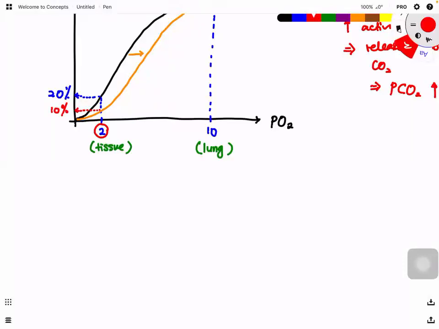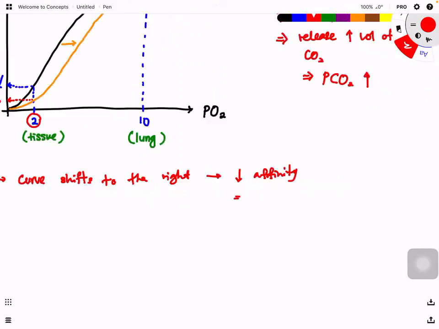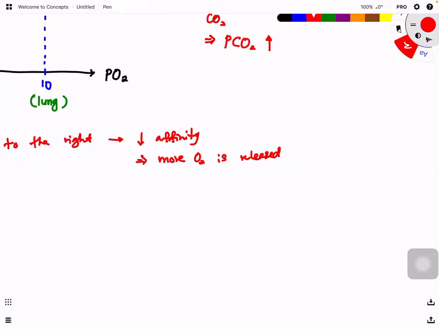When the curve shifts to the right, it indicates what? It decreased affinity. Decreased affinity means more O2 is released. Okay, more O2 is released. And it makes sense, correct or not? Right? Does it make sense?